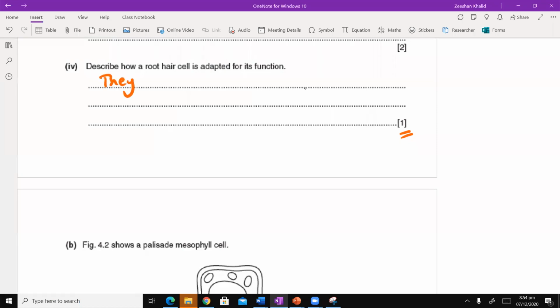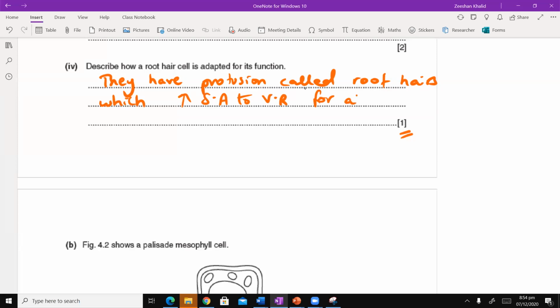They have protrusions or finger-like projections called root hairs, which increase the surface area to volume ratio for absorption of water by osmosis, and mineral ions by active transport.